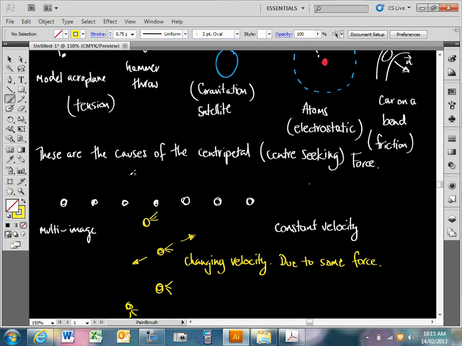Think of it like this: if we look at our axes, Y and X, along this path it had no Y component of velocity. We've given it some Y component.